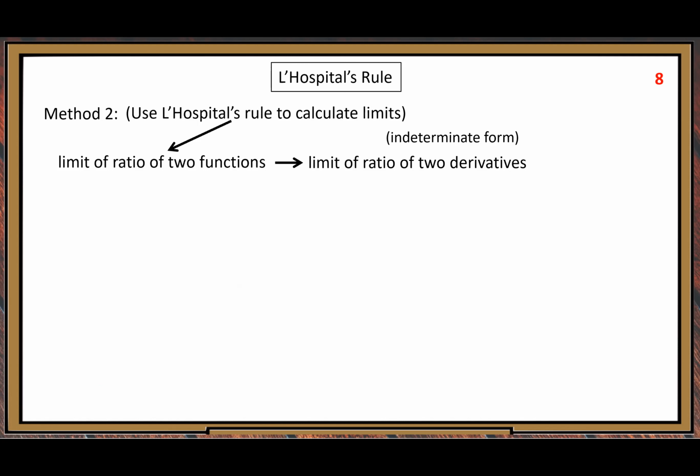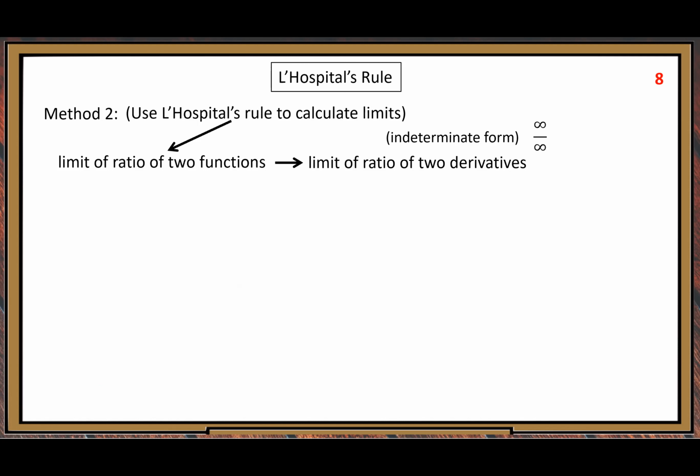So what's the right way? You need to make sure you apply it to an indeterminate form. Infinity over infinity: two functions, both going to infinity. That's what we call the infinity over infinity form.